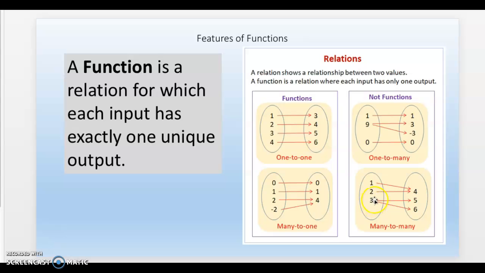Here, the 3 goes to 5 and 6. This is not a function, okay? It's okay for 2 to converge into 1. It is not okay for 1 to diverge into two different outputs, okay?